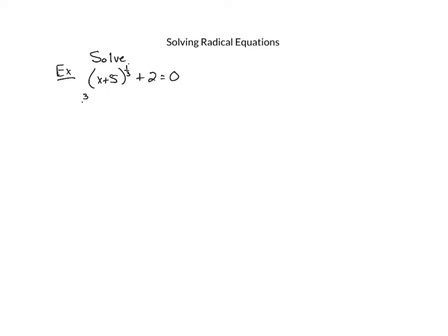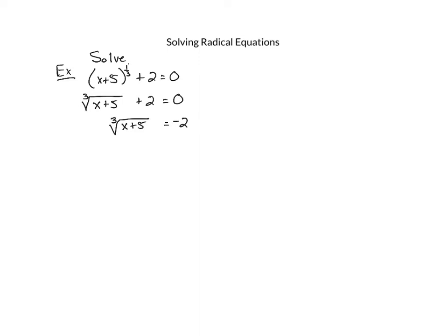So let's write it as the cube root of x plus 5 plus 2 equals 0. As with our previous radical equation, we want to isolate our radical. So let's subtract 2 from both sides, and we'll have the cube root of x plus 5 equals -2.